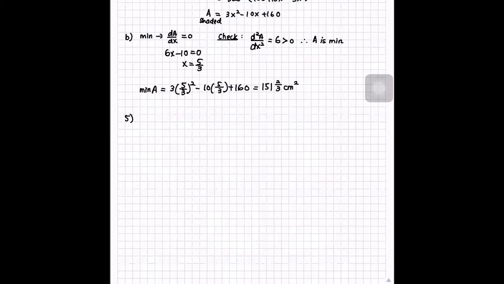Now I want Jesselyn to tell me, say something about the Q coordinate in question number 5. I know I have to find the area of the PQRO. What is the shape of PQRO, Jesselyn? Rectangle. So to find the area, it will be very simple. I just take the base and multiply with the PQ.